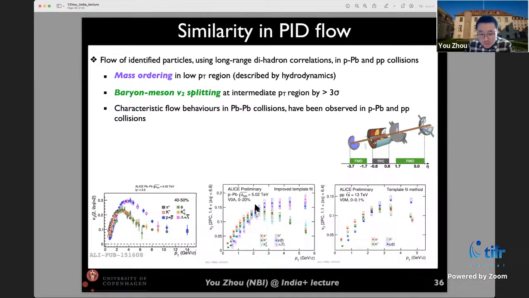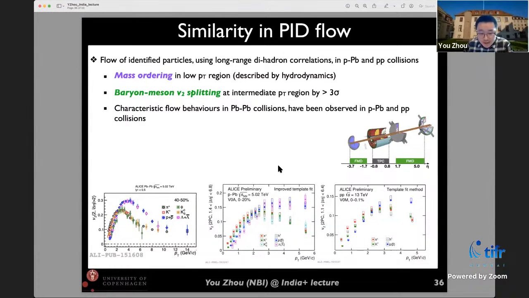And now we move to proton-lead collisions and proton-proton collisions. The measurements in proton-lead and proton-proton are very challenging because of the huge non-flow effect. So when the number of produced particles is very limited, let's say below 100, the non-flow will be significant compared to the lead-lead collision.